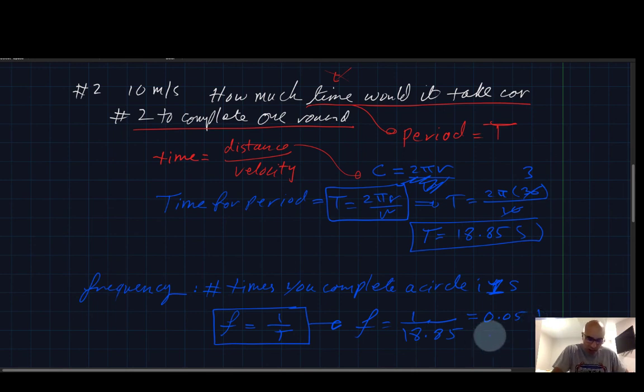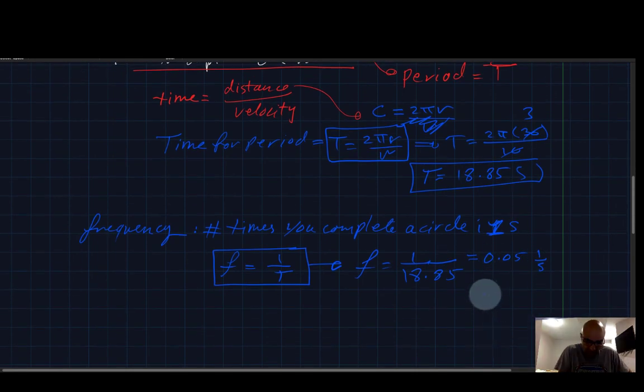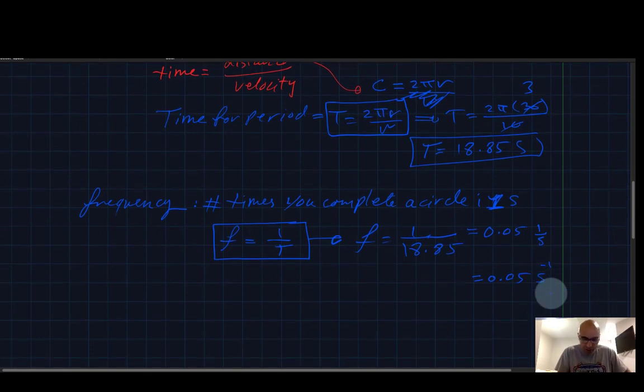Or you can actually write it in a more elegant way: 0.05 second to the power of minus 1. That's more elegant. Or wait a second, actually you can write it in a much, much more elegant way.